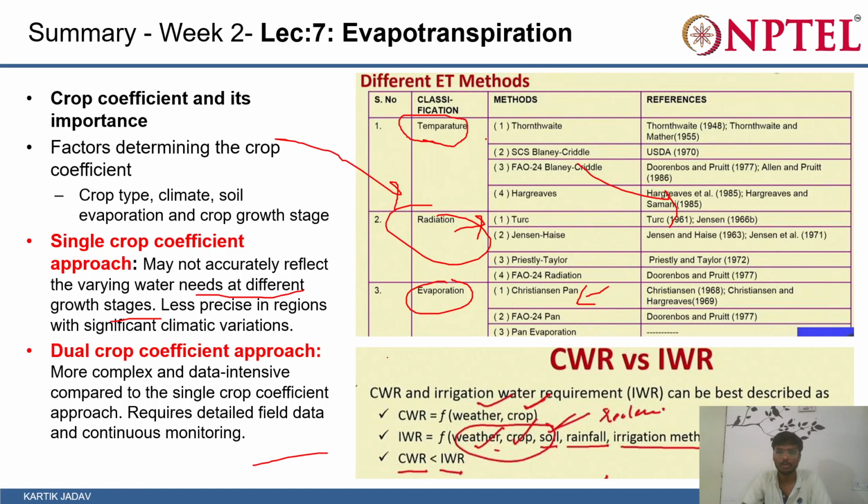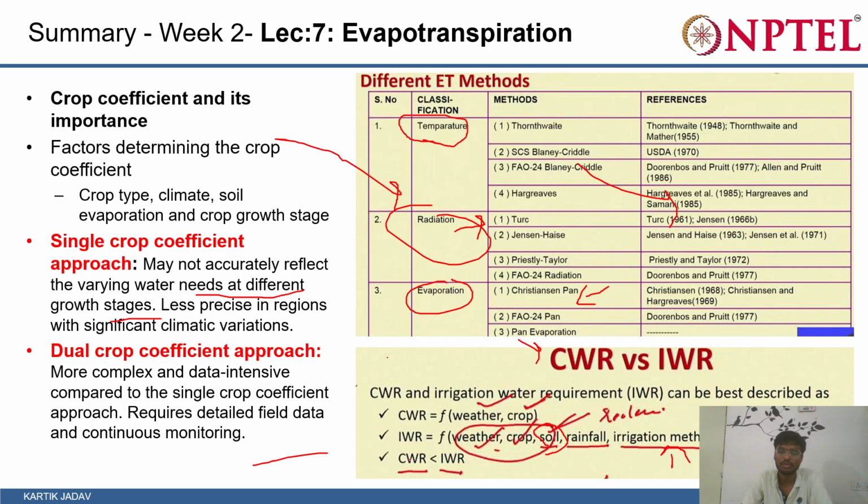So we have also talked about this in detail, and then we have discussed crop water requirement and irrigation water requirement. So crop water requirement is basically water required by the crop, while irrigation water requirement includes water required by the crop plus water required by soil, water available from rainfall, and water losses that we need to consider in different irrigation methods.